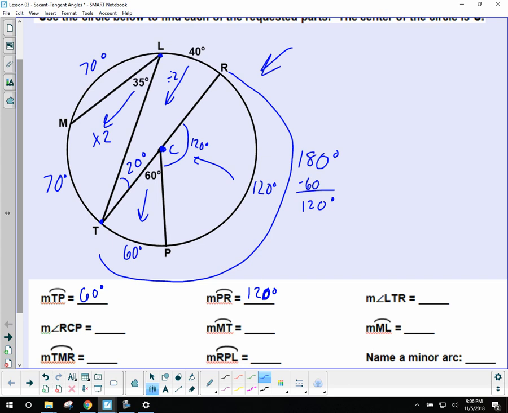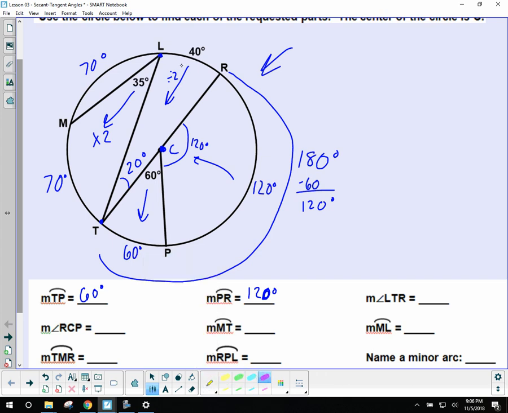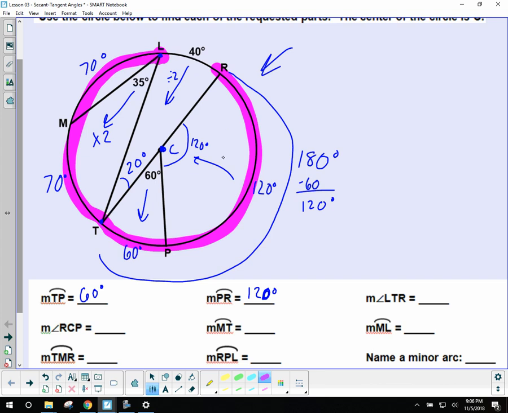Angle LTR. Okay, did y'all see that? Let me try to make this. I'll do a highlighter tool. Starting at L, go around the circle to T, keep going to R. Literally, that's all of this.